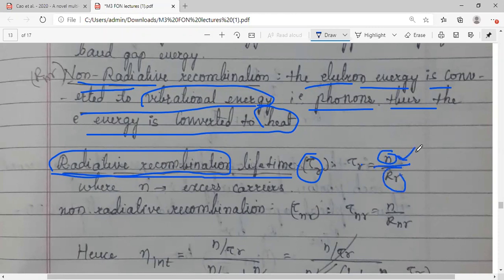As long as your carriers are present, only then can this happen. And the non-radiative recombination lifetime is tau NR. As long as carriers are present, non-radiative recombination will happen. If N is not present, carriers are not present, then this will not exist. So tau R and tau NR are N by RR and N by RNR.